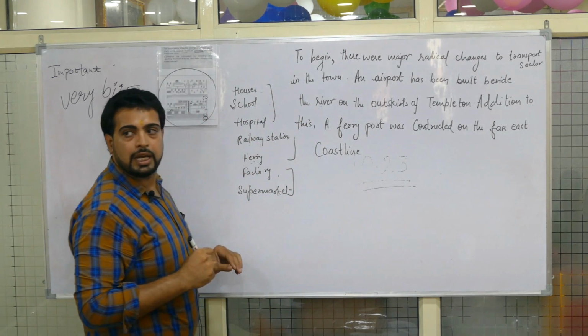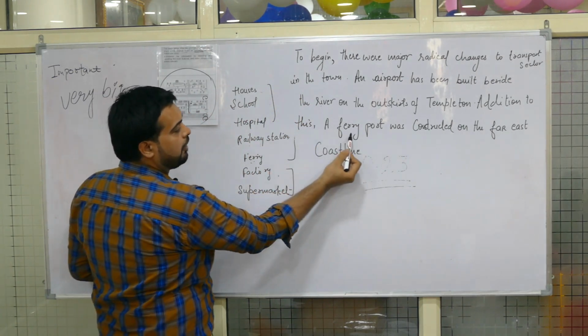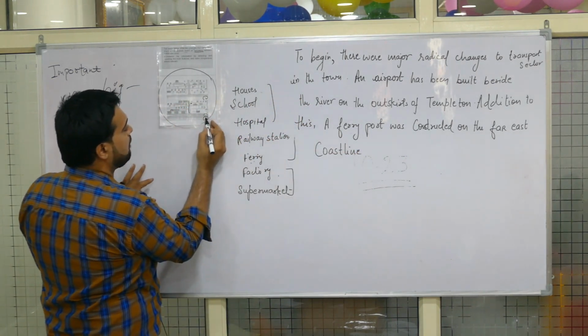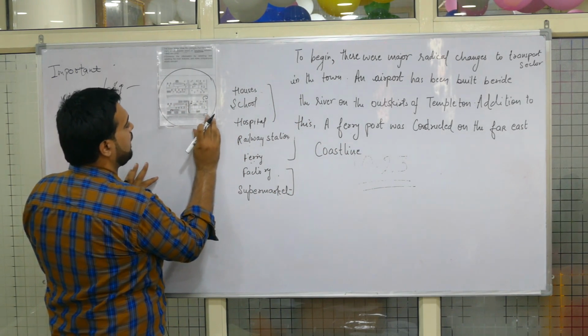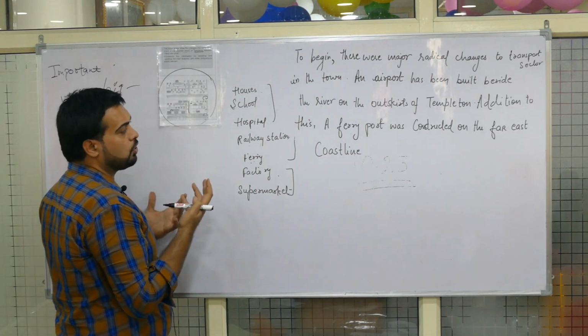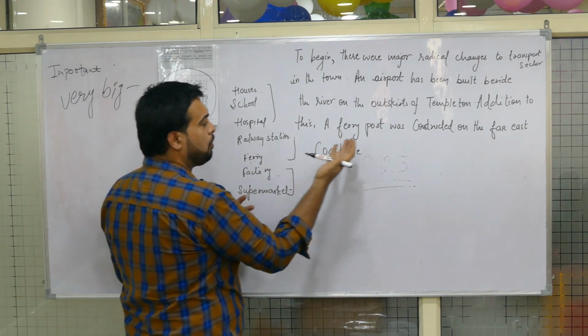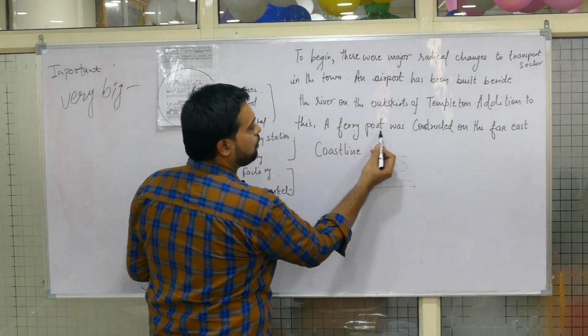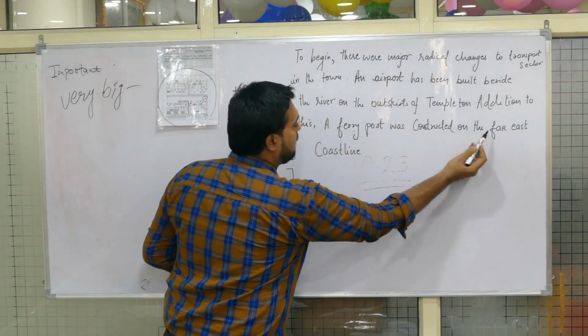Look, in addition to this, a ferry port. They have mentioned only a ferry here. So what is it called, a ferry port actually? A port for a ferry. A ferry port was constructed on the far east.